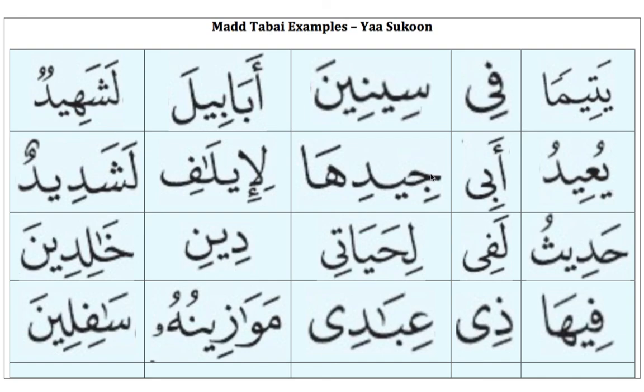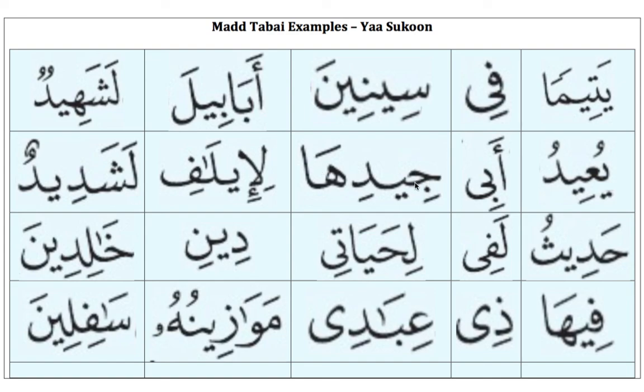Next we have jim kasra ya sukun ji. Dal kasra di. Jidi. Ha fatha alif sukun ha. Jidiha. So in this case, jim's kasra is going to be extended two movements because of the ya sukun, and the ha fatha is going to be extended to two movements because of the alif sukun.